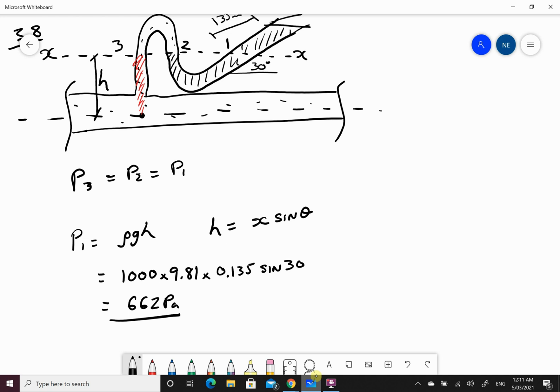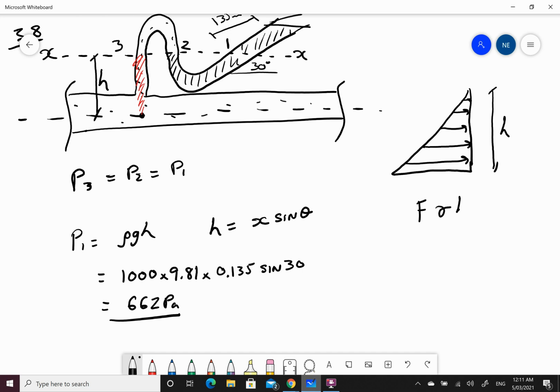Now that is good and well when we have water or a liquid, when our hydrostatic force is linearly increasing. So remember that. The further down we get, the greater the force. So our force is directly proportional to the height. Deeper it goes, stronger the force.